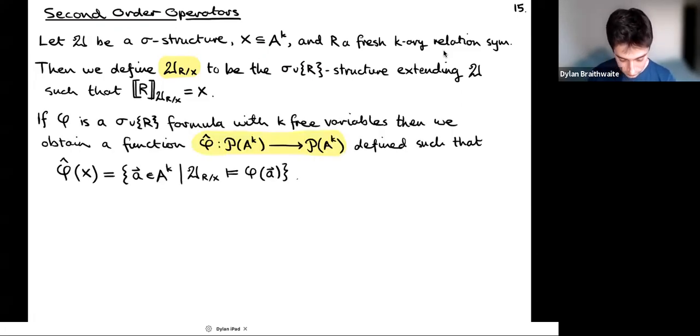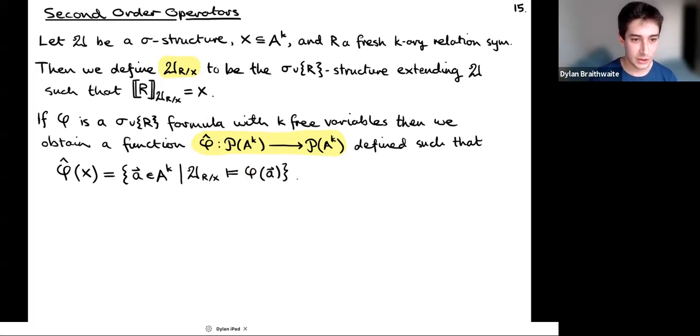And then we can define this construction which defines the operator as I sort of said we're looking for before, as just the set of tuples which, on some input X, are true for a given formula when we substitute the relation R for that input.